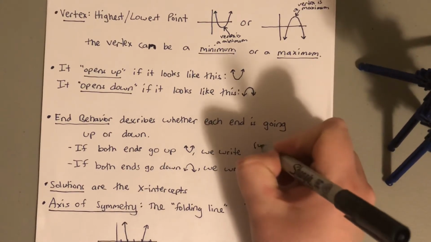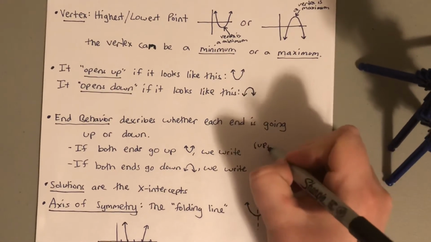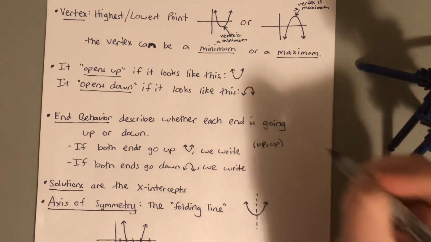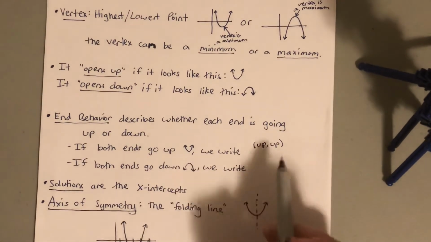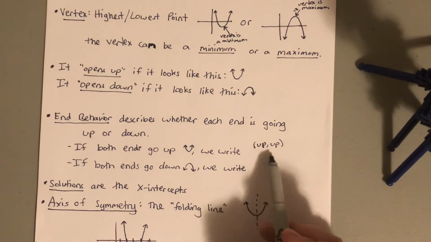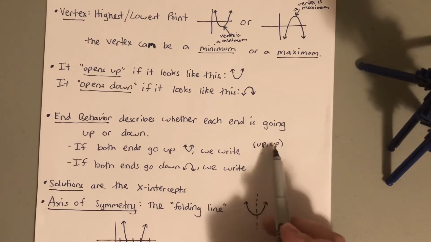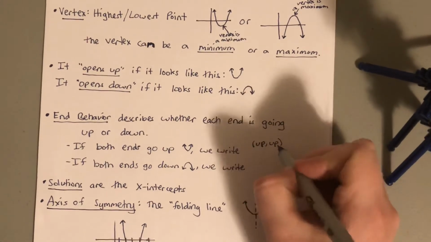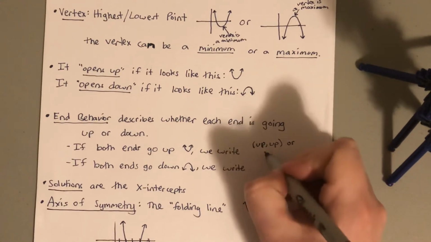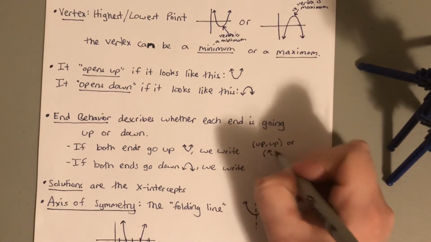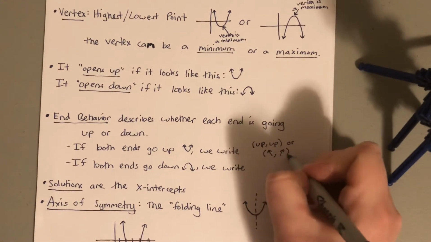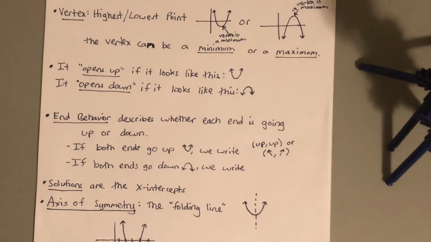We could say that the left side is going up and the right side is going up. That's the notation we use to say end behavior, that both sides are going up. Or we could write it like this, with arrows instead of words. Both of those are ways that you could write the end behavior.